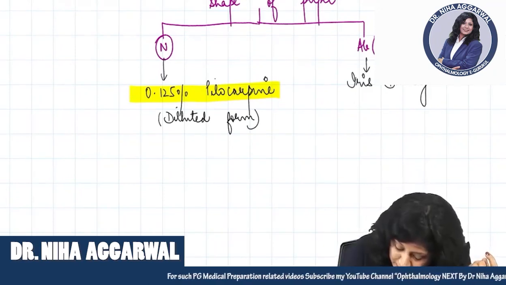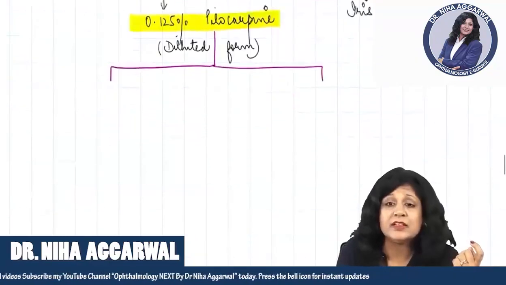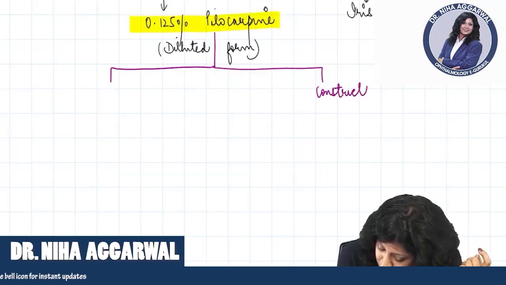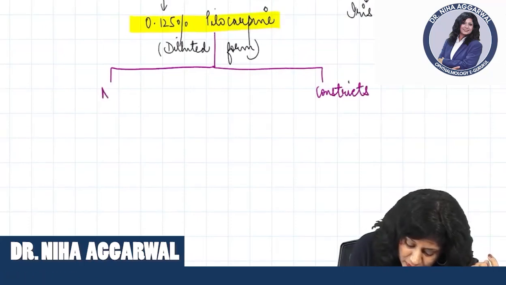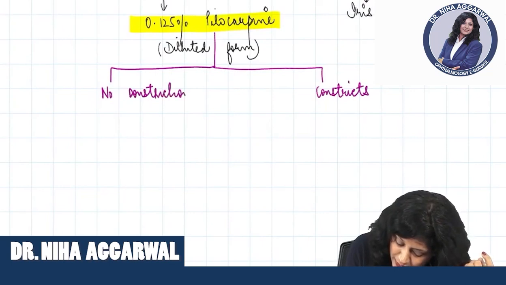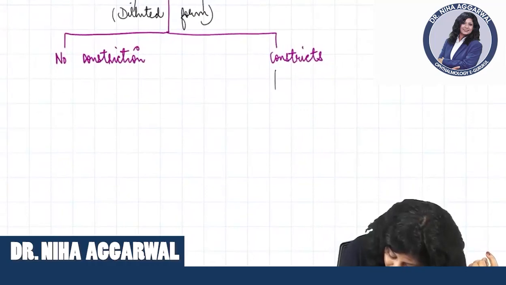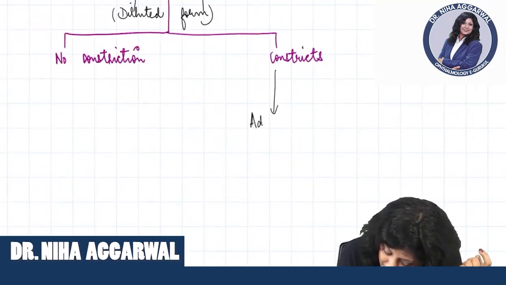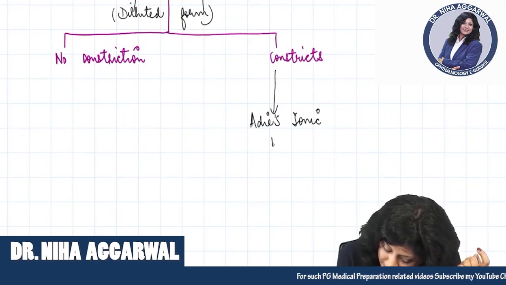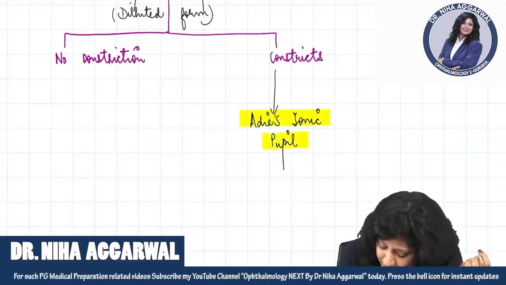When you give this pilocarpine, there are only two options: either the pupil constricts, or it shows no constriction. If the pupil is constricting, then the diagnosis is very clear. Then it is the Adie's tonic pupil.